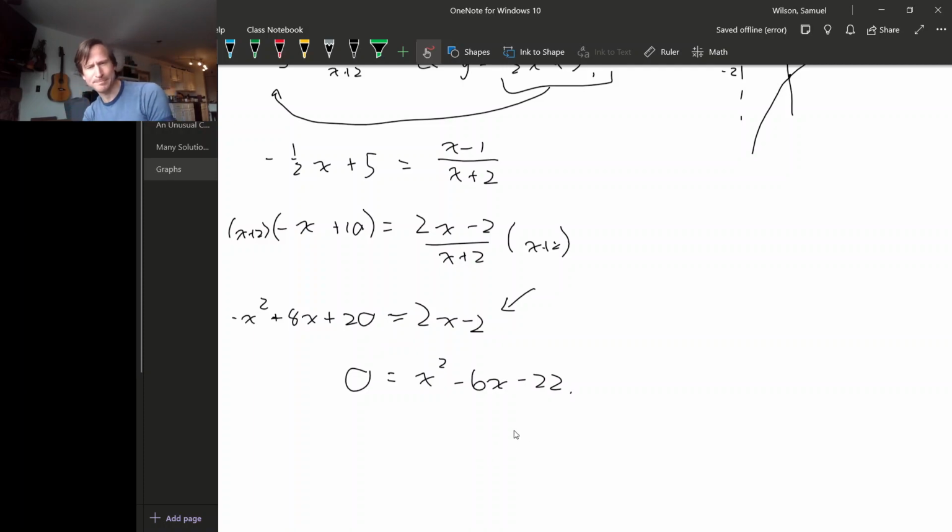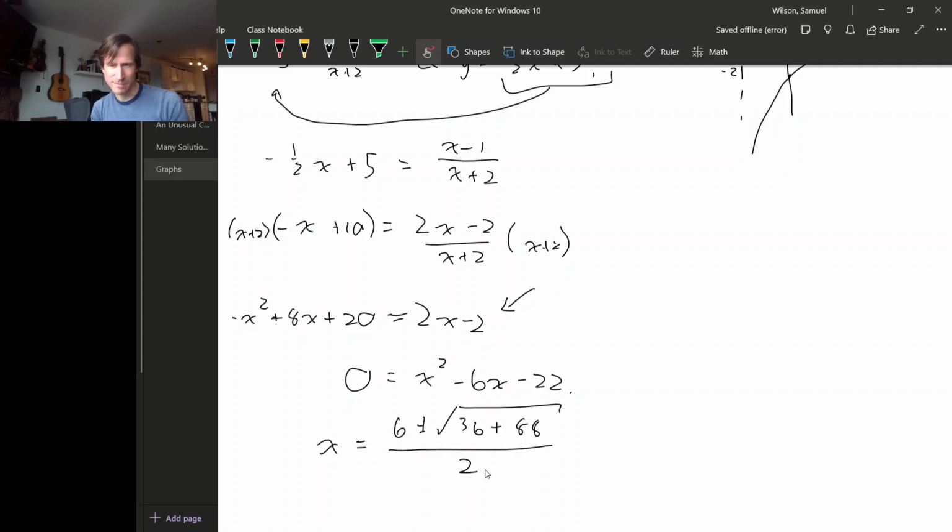All right. This isn't going to factor, I don't think. The only factors of, at least not using integers, the factors of 22 are 2 and 11, so we're not going to get a 6 out of that. So we're going to have to use the quadratic formula. So we get 6 plus or minus square root 36 plus, let's see, 4 times 22, 88, over 2.